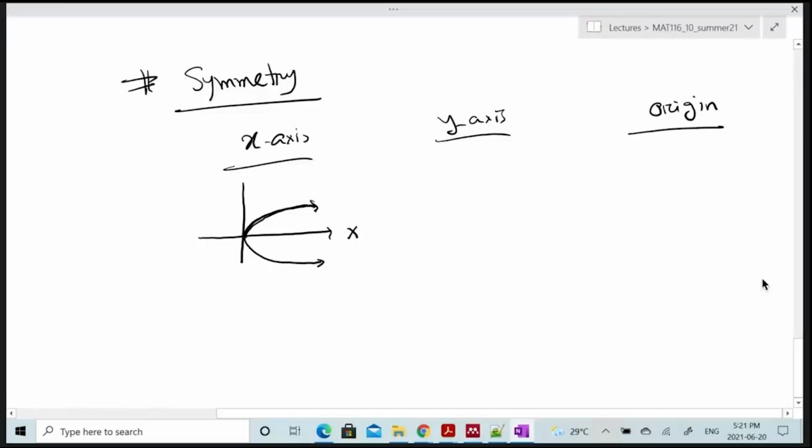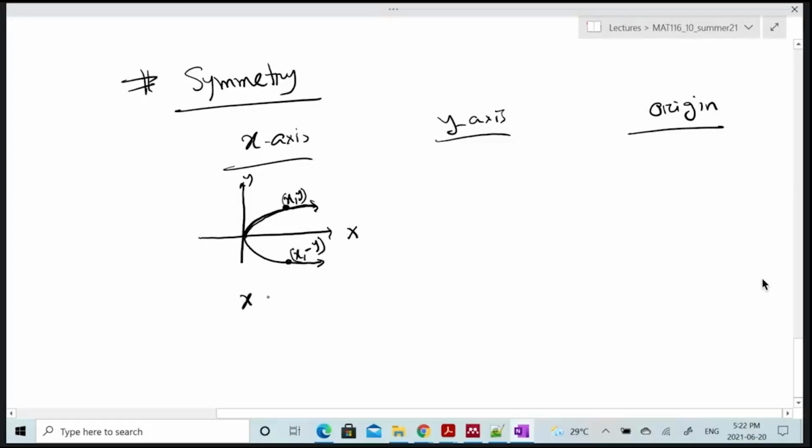That tells us if we have any point x comma y here, we're gonna have the same point x comma minus y, because above the x-axis y is positive but below the x-axis y is negative. If that happens, then the graph is symmetric about the x-axis.